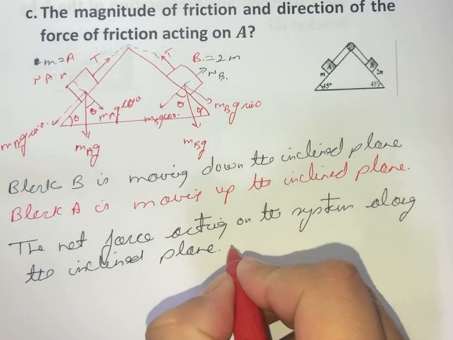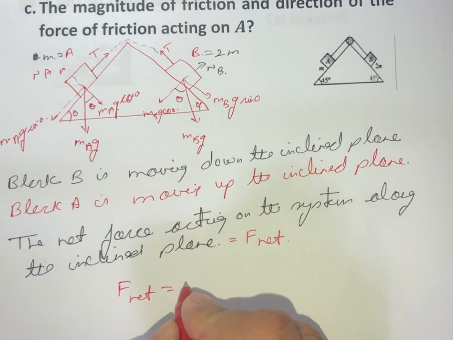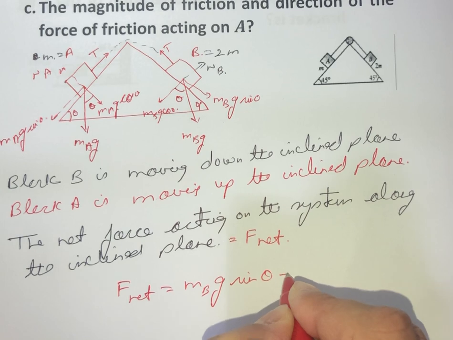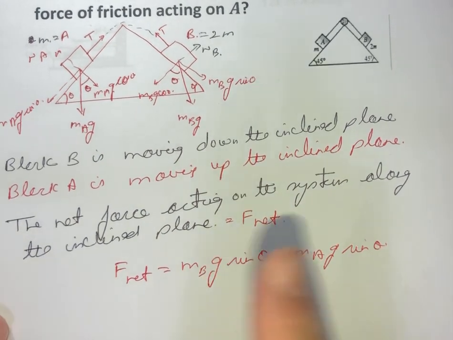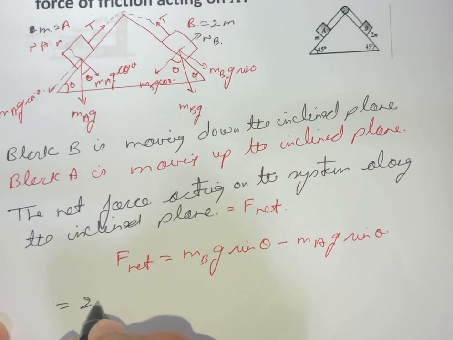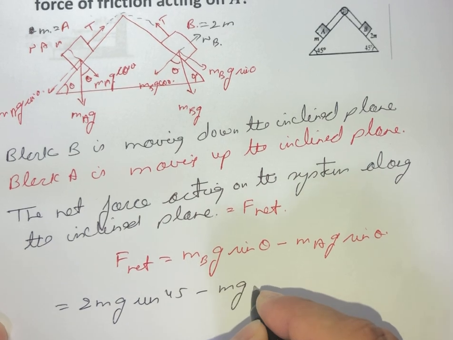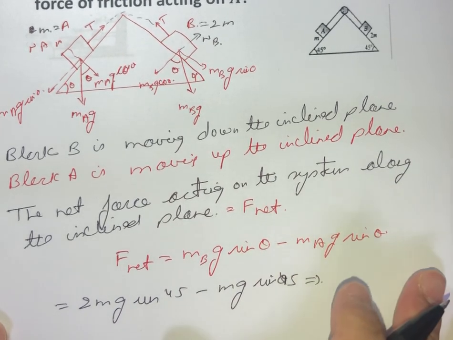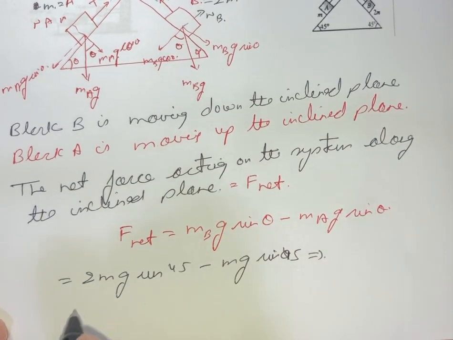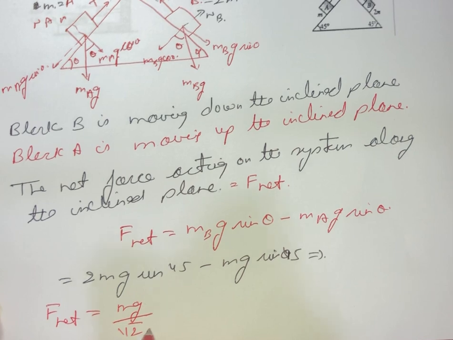Let us call that F net. So F net will be equal to MBG sin theta minus MAG sin theta. Substituting the values, we get 2mg sin 45 minus mg sin 45. Sin 45 is 1 by root 2, so F net is equal to mg divided by root 2.